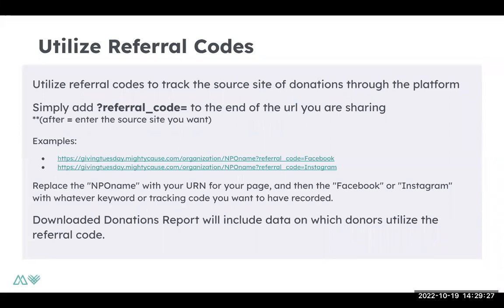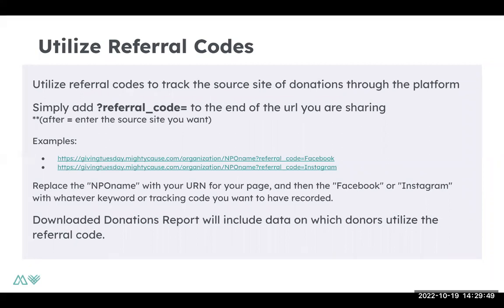When utilizing social media, I always recommend to utilize referral codes. Referral codes are a way for you to track the source site of donations through the platform. So you can simply copy this text here. You simply add $referral_code equals to the end of your Mighty Cause link.